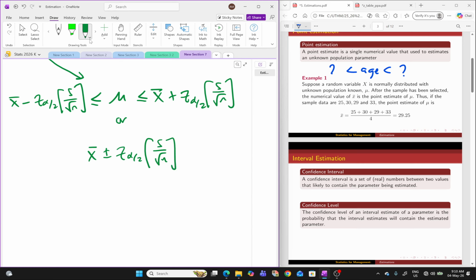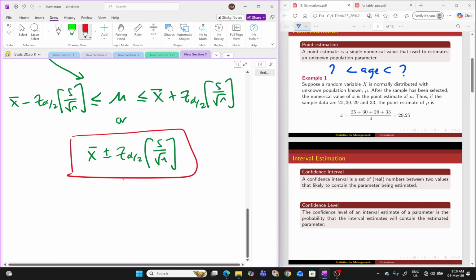So this is your confidence interval actually. You can write it like this. So that is the formula.